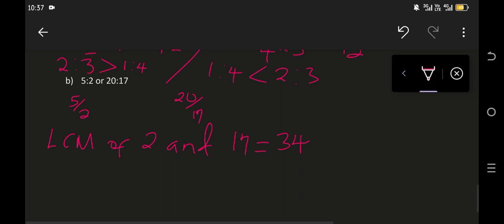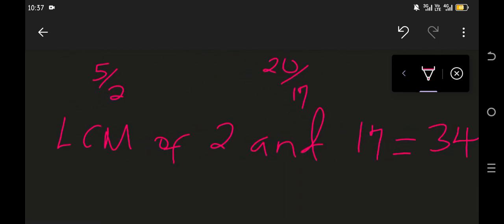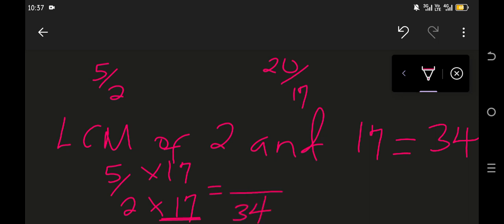Now we're going to look at the fraction 5 over 2. Which number will you multiply by 2 to get 34? That will be 17. The number that you use in the denominator is the same one that you will use in the numerator, so that we have 34 here, and 5 times 17 is 85.